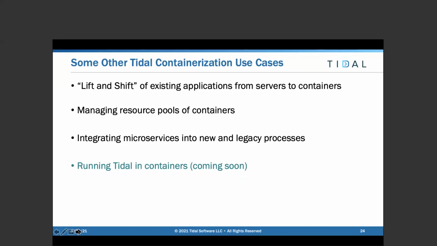So, making sure that everything works within its SLA, and also that you're using the resources efficiently and shutting down resources that you don't need, along the way. And then lastly, the ability to integrate microservices into new and legacy processes.